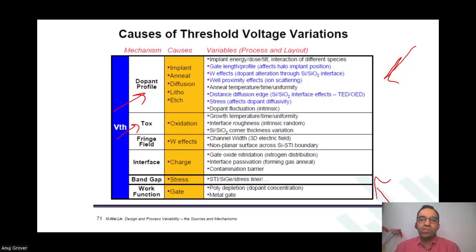In advanced technologies, you will see another variable called A, another called PO2 act, and another called something else. What does that mean? We are adding additional variables in the extracted netlist so that I can model the well proximity effect into devices which are susceptible to it. I can model stress effect wherever it is relevant.